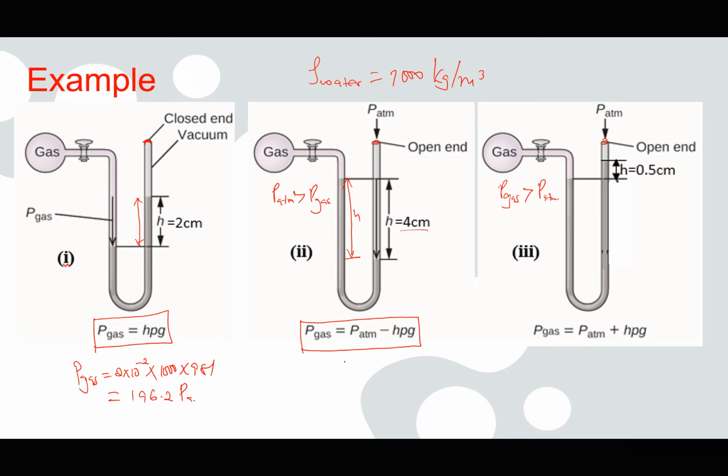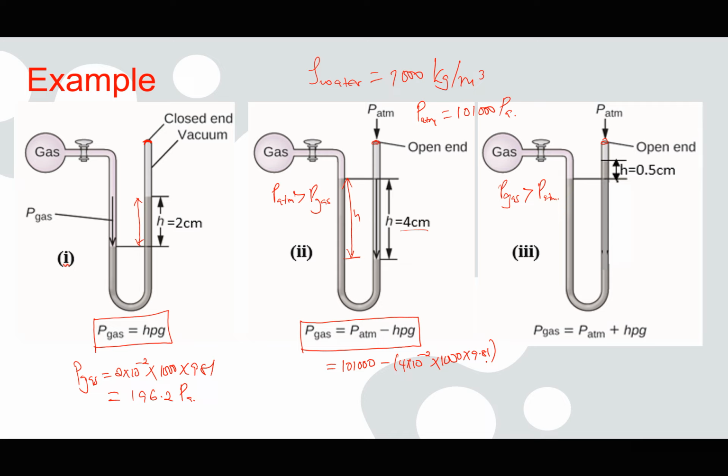And in the second case, of course, we already know atmospheric pressure is approximately 101,000 pascals. So here the pressure of the gas is going to be 101,000 minus the pressure due to the height h, which will be 4 times 10 to the power of minus 2, the density is 1000 times 9.81.